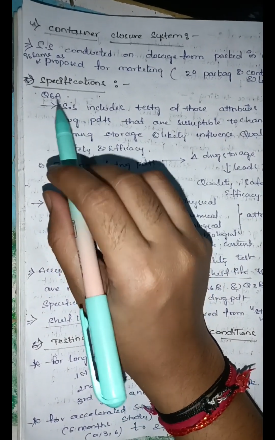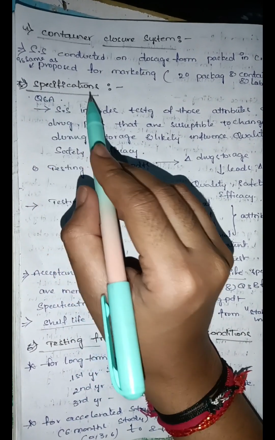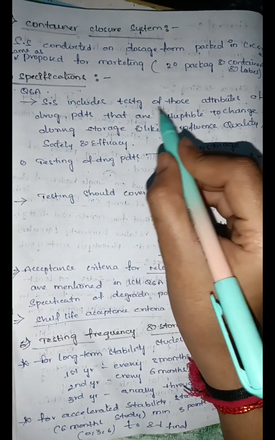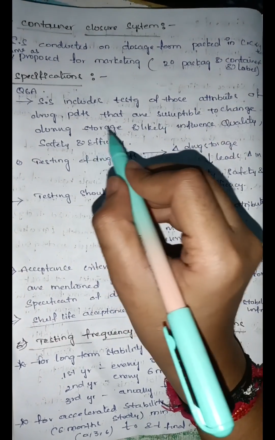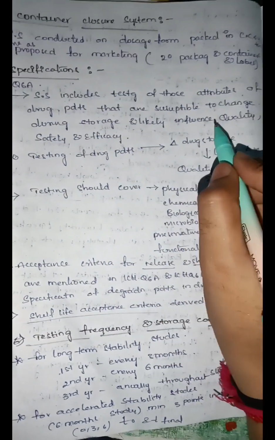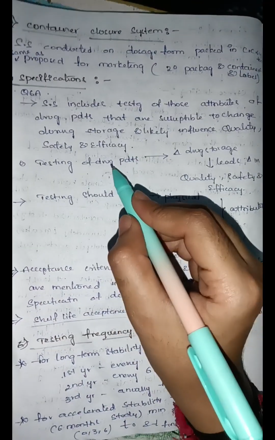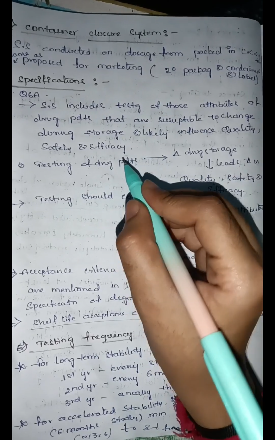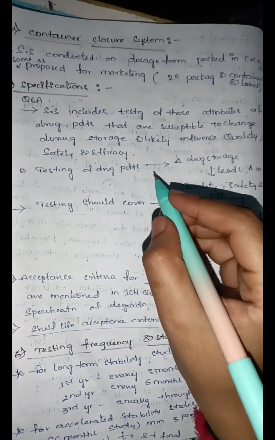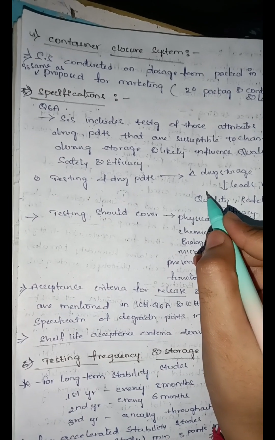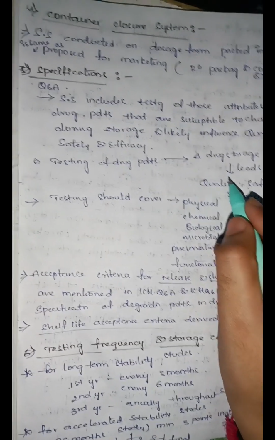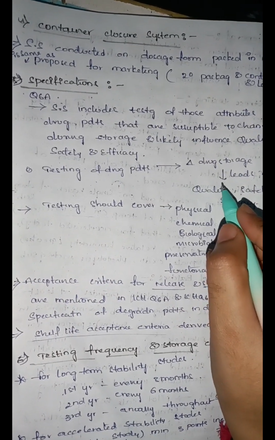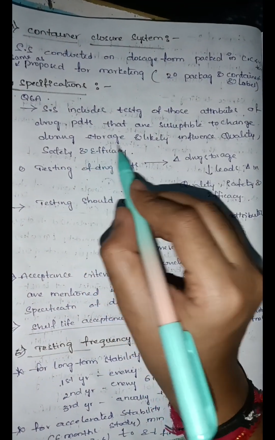Specifications. Here the Q6A guidelines come under specifications. Stability studies include testing of those attributes of drug products that are sensitive to change during storage conditions and which may lead to change in quality, safety and efficacy. These specifications are mainly used for testing products which change their physical or chemical properties and also their quality upon changing storage conditions.